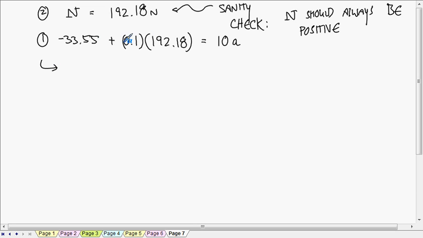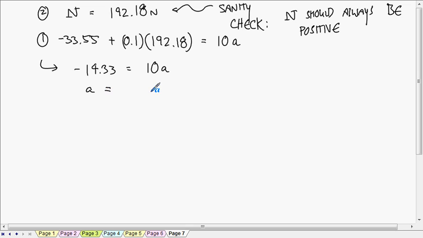Can someone calculate this? Negative 33 plus 19.2. 14.33 or something like that is equal to 10a.